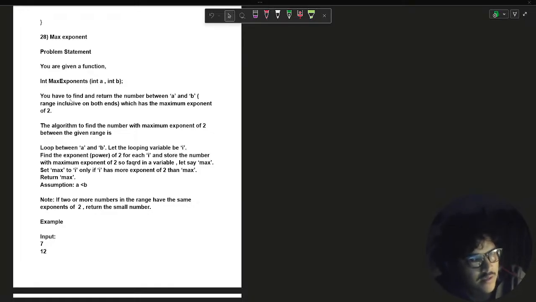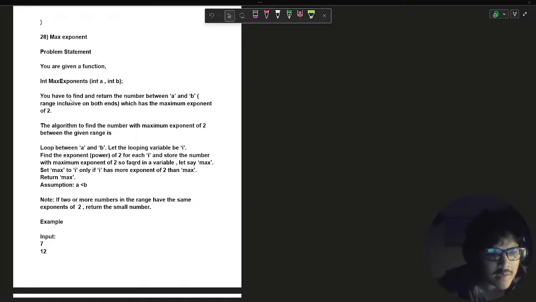The algorithm to find the number with the maximum exponent of 2 between the given range is loop between a and b, letting the looping variable be I. Find the exponent power of 2 for each, and store the number with max exponent of 2 so far in a variable.